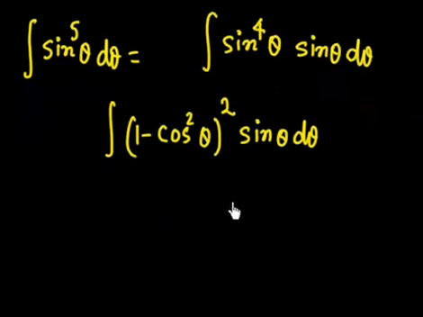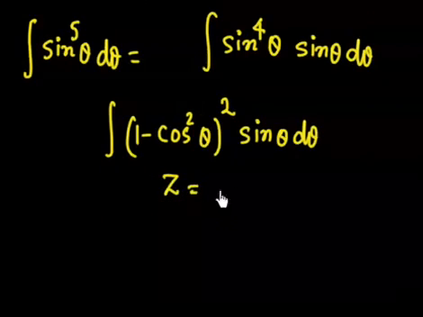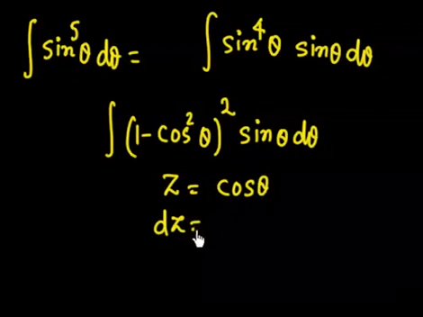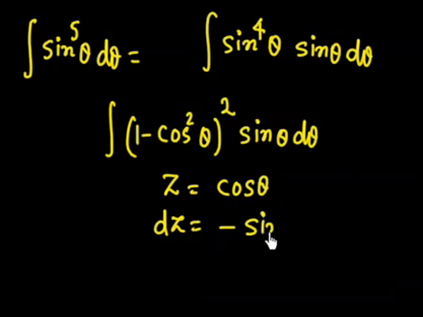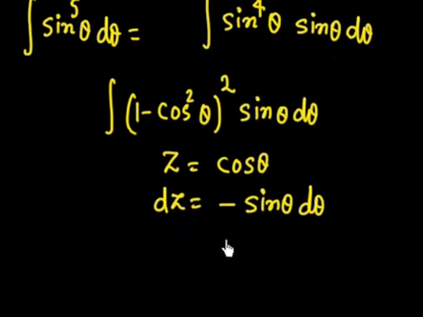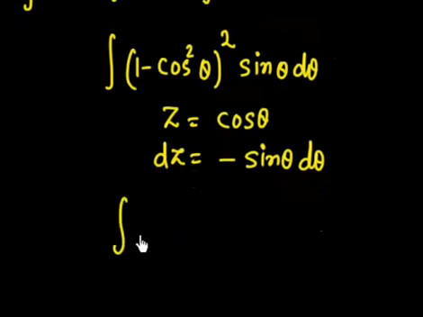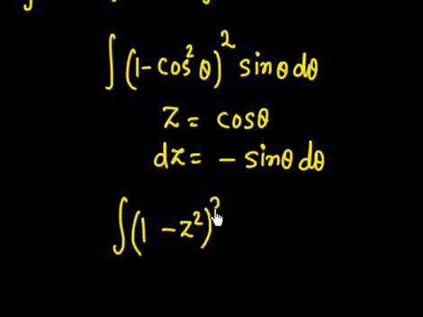And now put z equals cos theta. So if I put z equals cos theta, this becomes dz equals minus sin theta d theta. Are you getting or not? So this is minus sin theta d theta. So my integration becomes 1 minus z square whole square, and this is sin theta d theta, so I have to plug in minus sin theta d theta, which is dz.